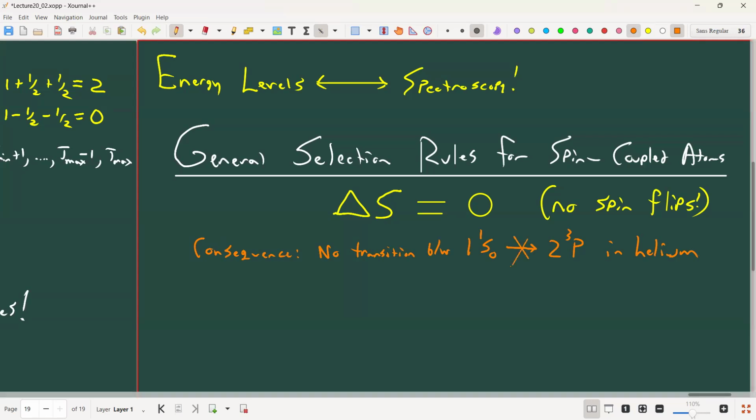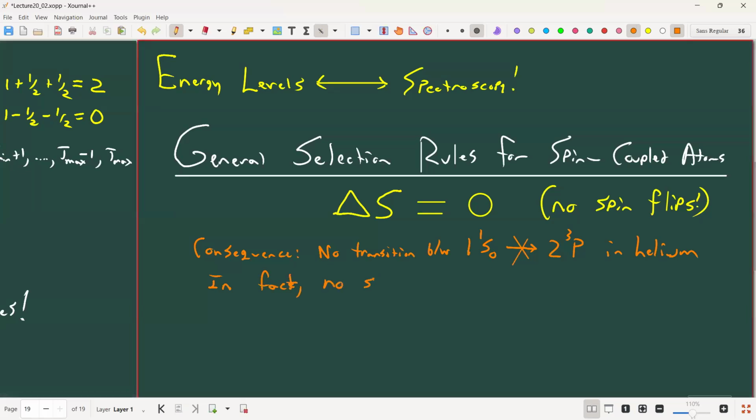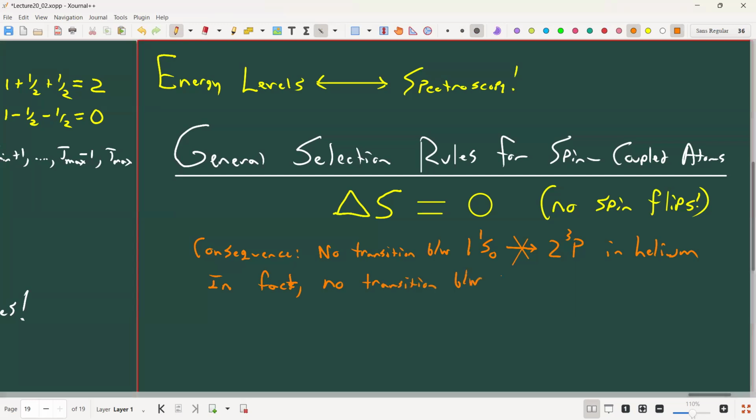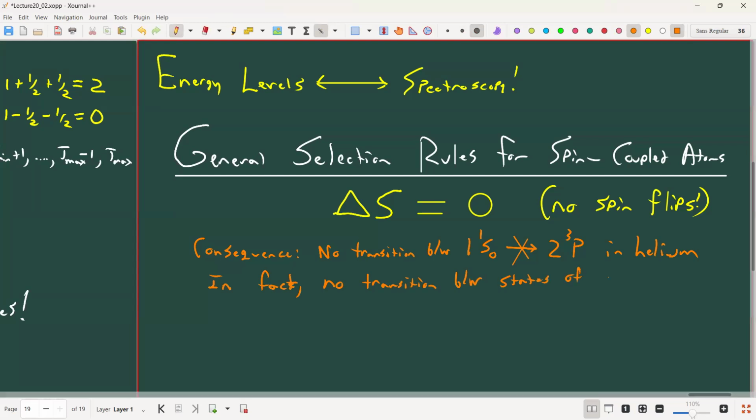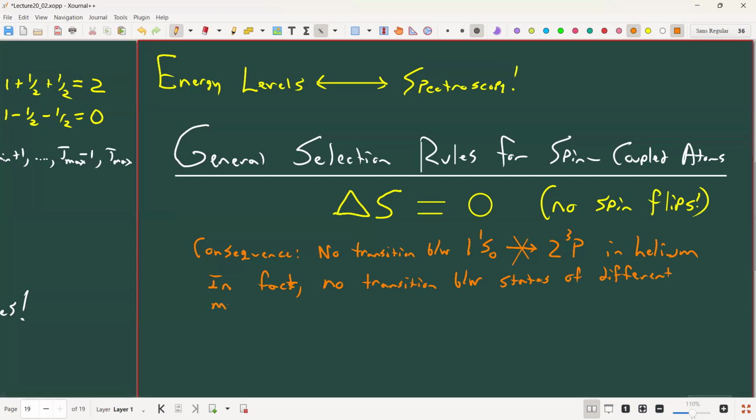Does not allow. In fact, no transition between states of different multiplicity are allowed.